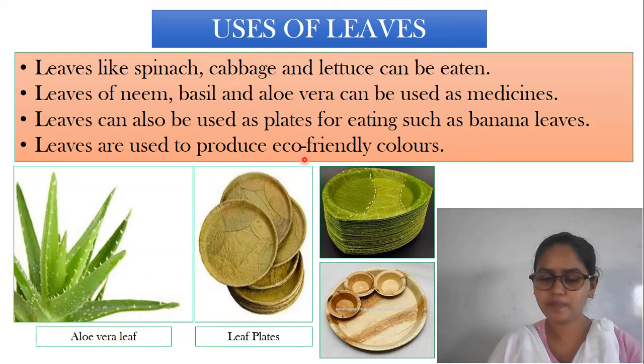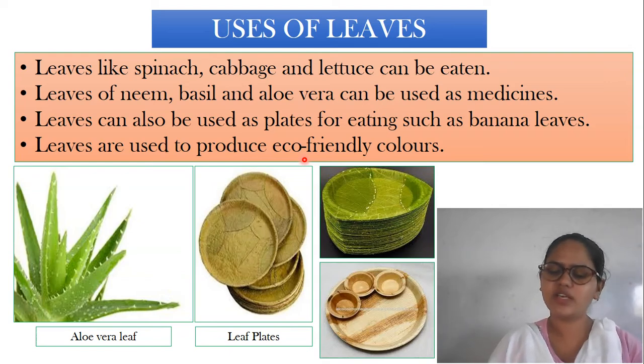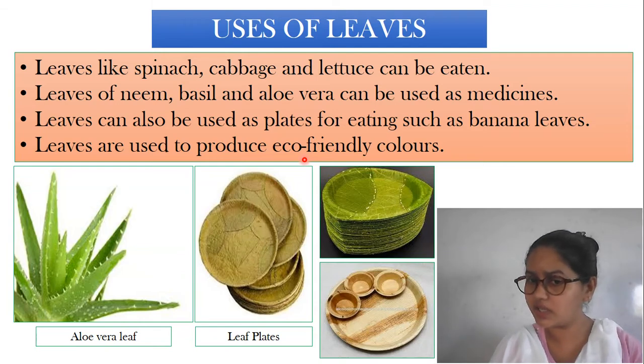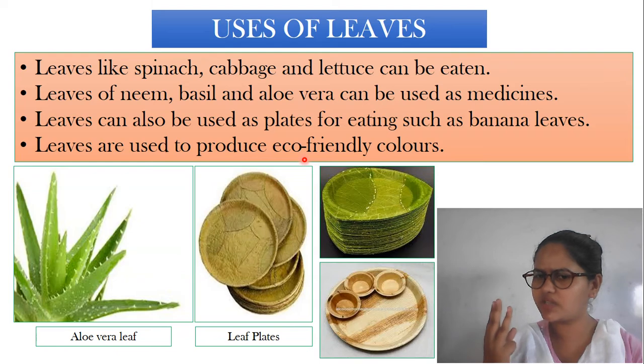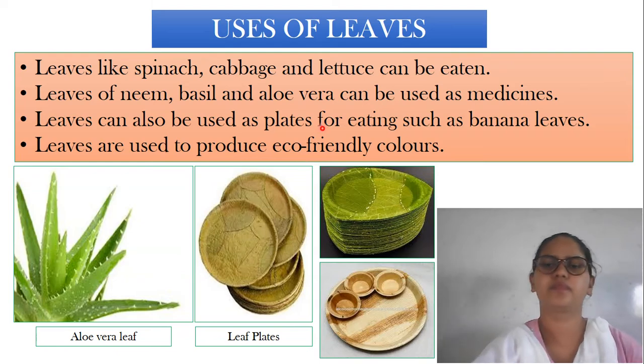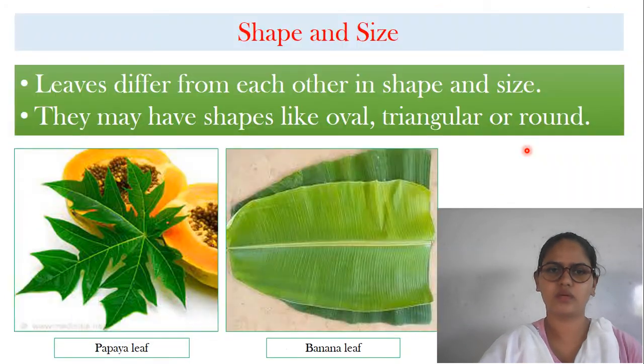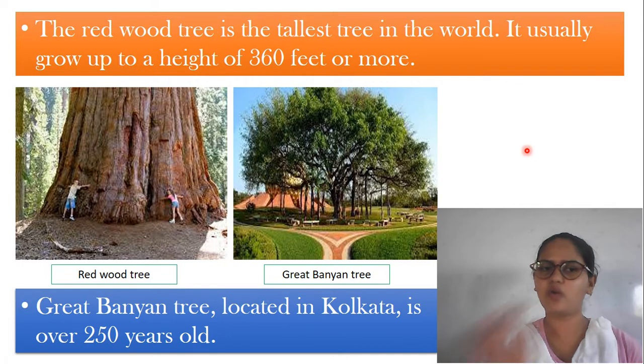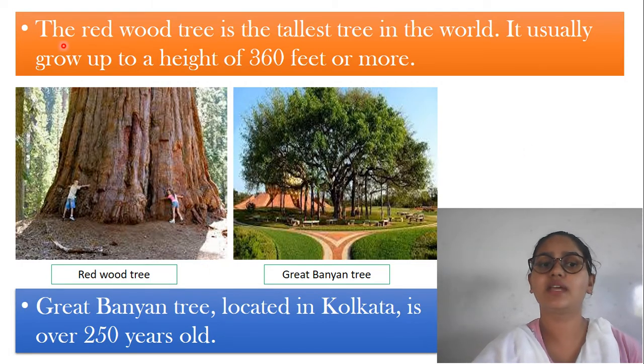And then, the redwood tree is the tallest tree in the world. We learned about the three special trees, right? We can learn about them from it. Here is the baobab, and right now we have the redwood tree. This redwood tree is the tallest tree in the world.